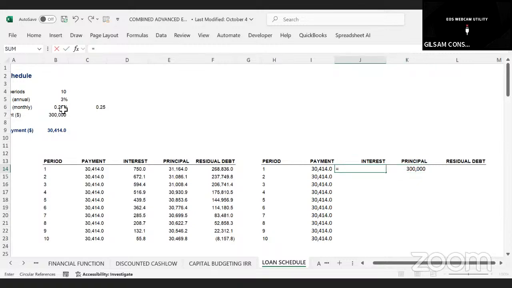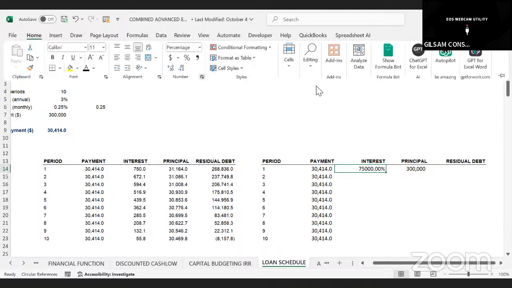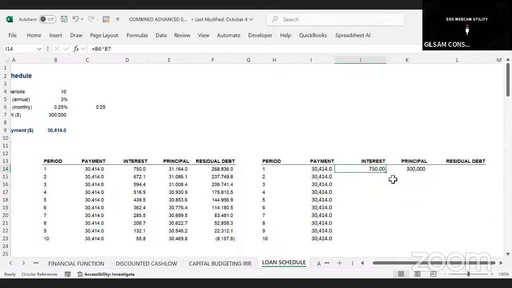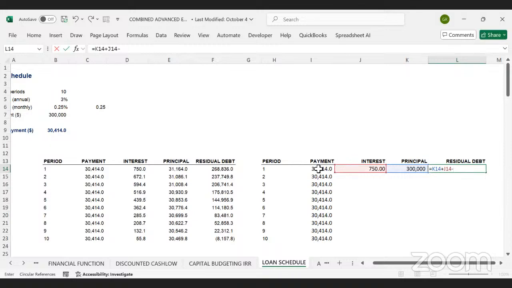We made this first one, this times this. Go to home. Yeah. So go to home, change to numbers. So the residual itakuwa this plus minus the payment.